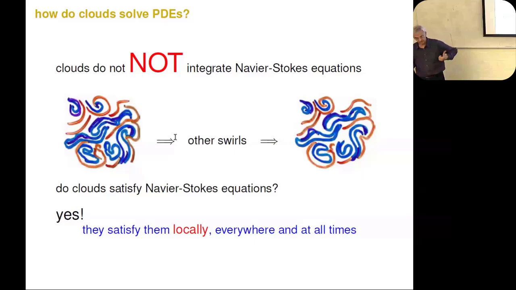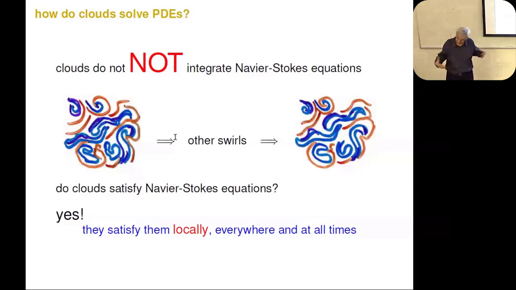However, I have to look at what the left guy and the right guy are doing and make sure that they're all balanced out locally. Everybody has to do that. They all have to be in agreement. So the Navier-Stokes equations are not evolution equations. Yang-Mills equations are not. They just say that every place in space-time, I have to be well-behaved and do the right thing. And that's how nature figures it out.